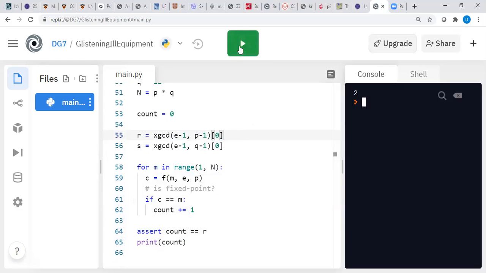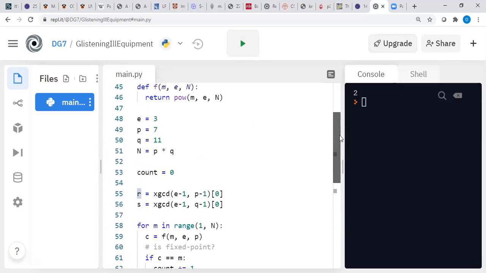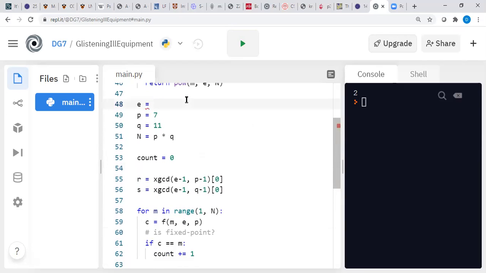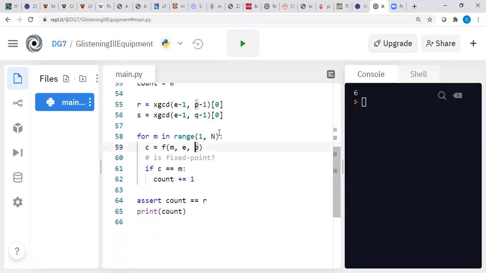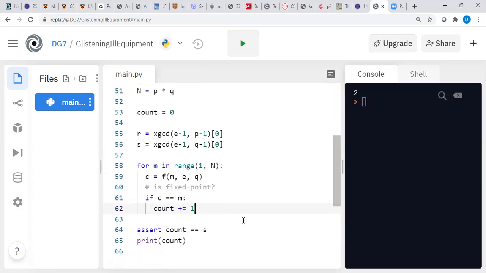Yeah, that's good, because we had an assertion which is satisfied 2 times. Very nice. And I'm going to increase E to 7. Yeah, 6, nice, because GCD of 6 and 6 is 6, and we get 6 fixed points. That's good. Let's do the same for Q. The assertion is still true. So we are correct. We checked even programmatically that our model is correct.